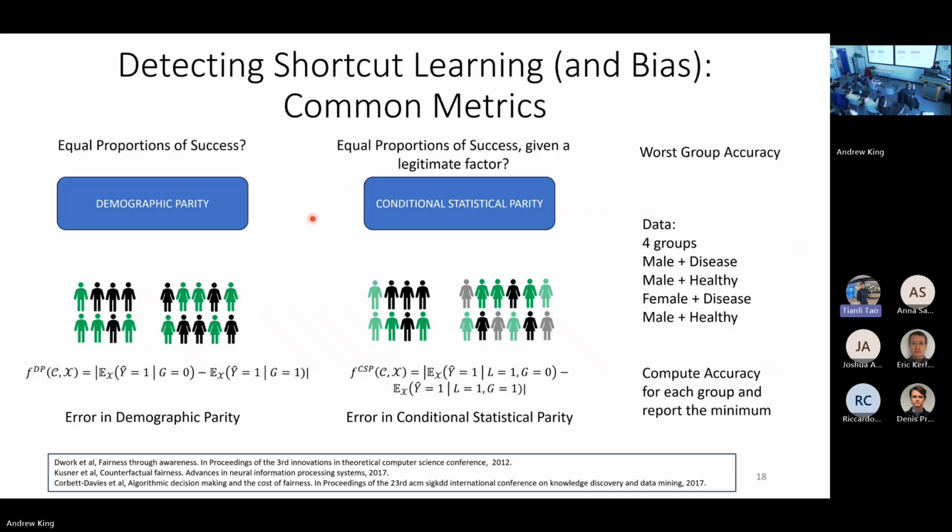These are some common metrics associated with fairness. If we know the particular attribute of interest which could cause shortcut learning, these might help in understanding whether that's causing some performance disparities or not. So I will start with demographic parity.